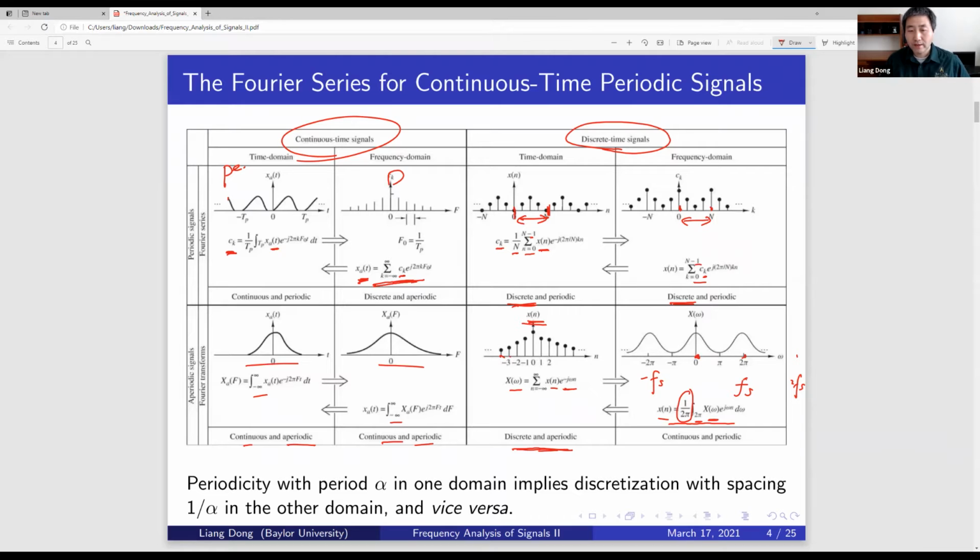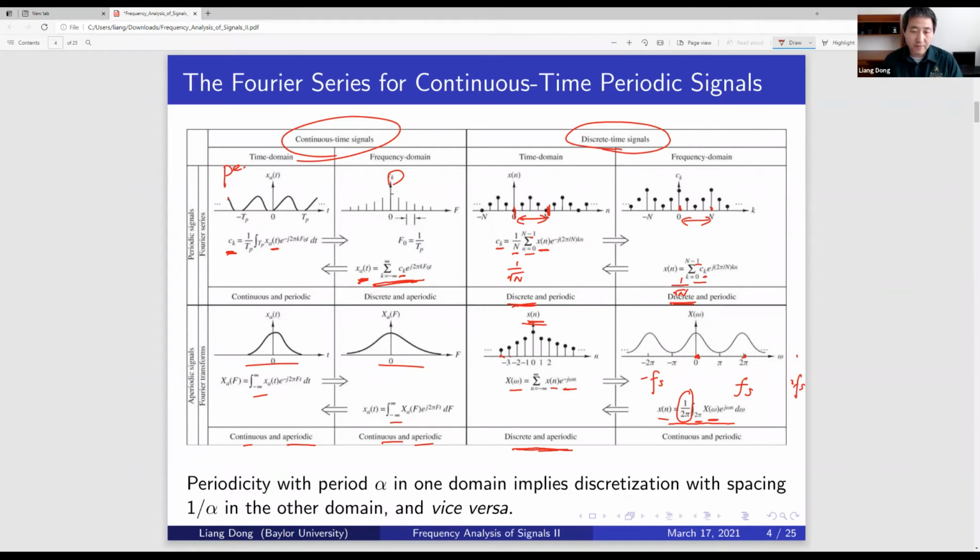Or sometimes people like to put 1 over square root of N in each equation. The reason is that I want to make sure those two equations look similar, so they can be implemented using one set of program in my DSP. Okay, so that's how we deal with discrete time, periodic signals.